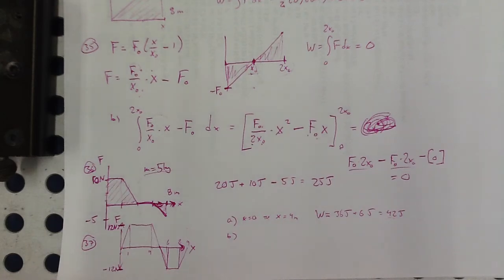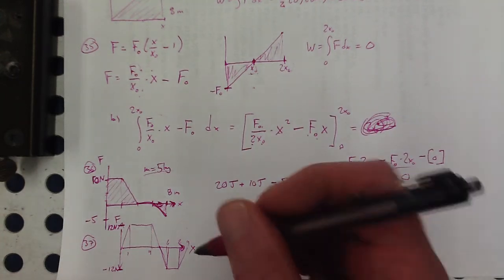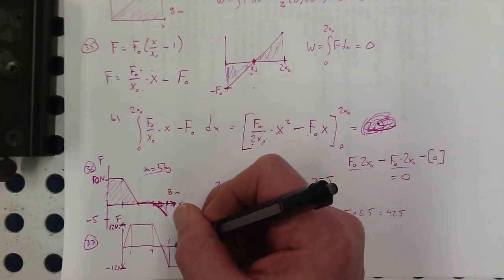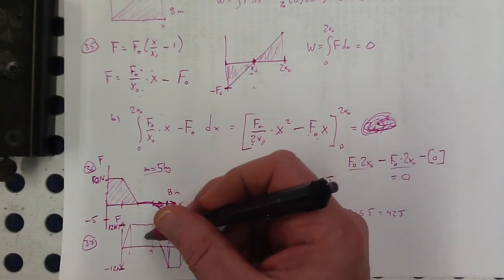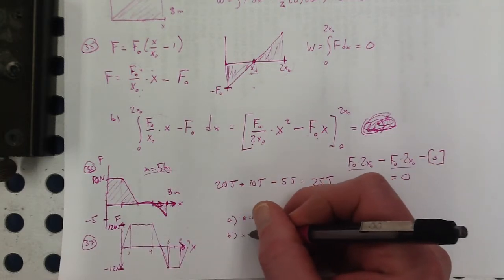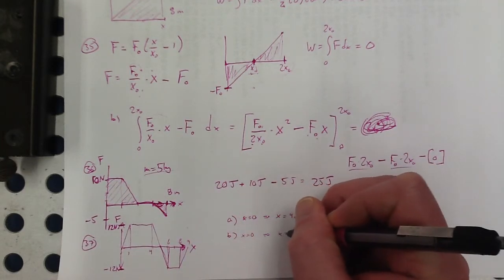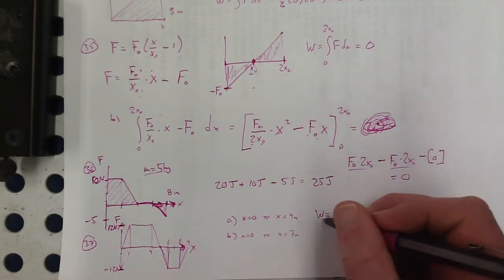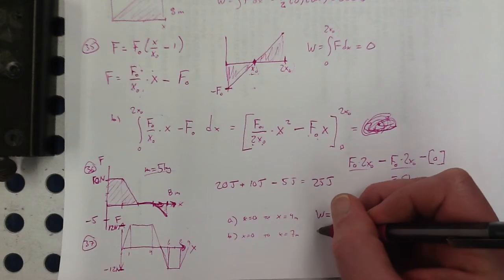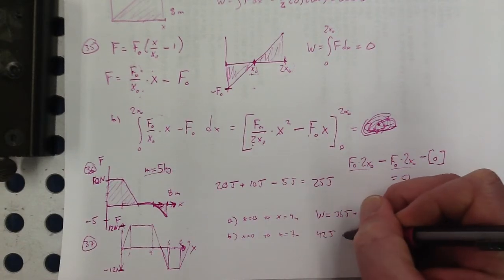So let's see, B, we want to go to 7. So if I'm going to 7, well, this is 0 to 4 right here, so 0 to 4 is 42 joules.